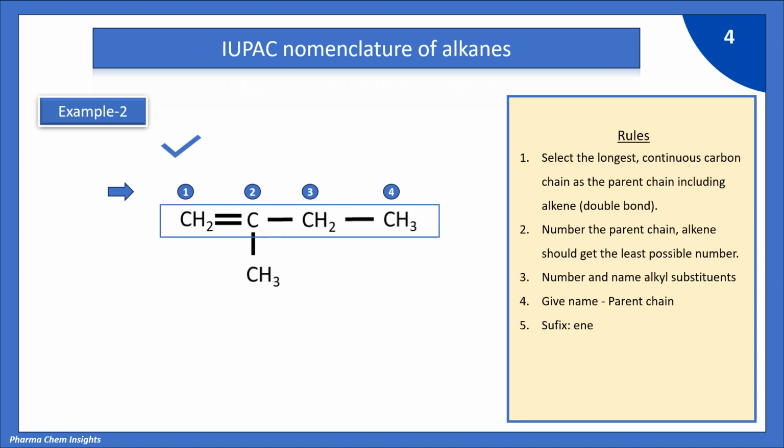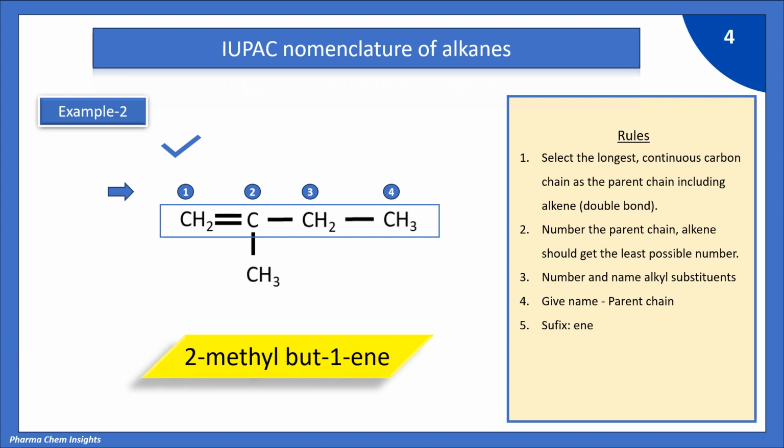So this is the correct method of numbering. Now we have one substituent, a methyl substituent at position 2, and hence the name of the compound is 2-methylbut-1-ene. Ene is the suffix for alkene compounds, 1 is the position of the double bond.